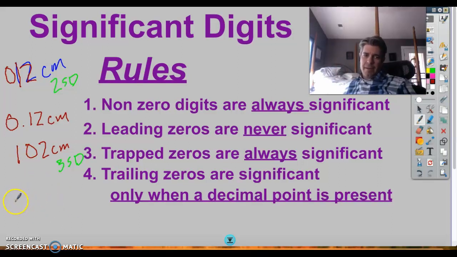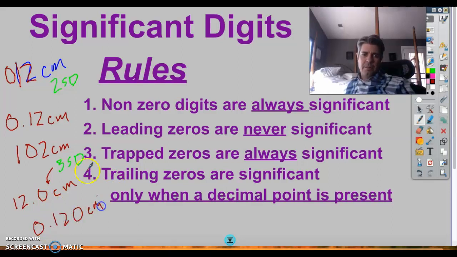So if I had 12.0 centimeters, that would be 3 significant digits. That is a trailing zero, and there's a decimal. Or if you had 0.120 centimeters, it's similar to that first one. Leading zero, not significant, but there's a leading zero of the whole numbers, not the decimal, right?